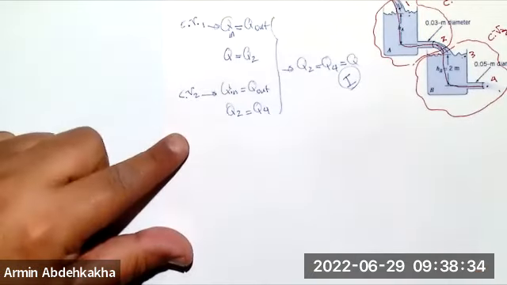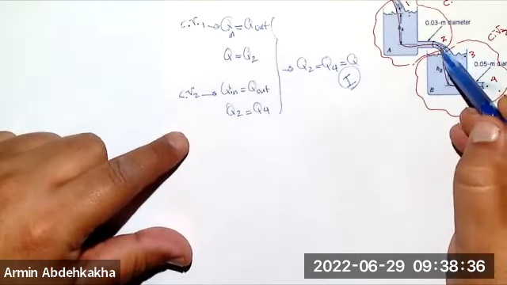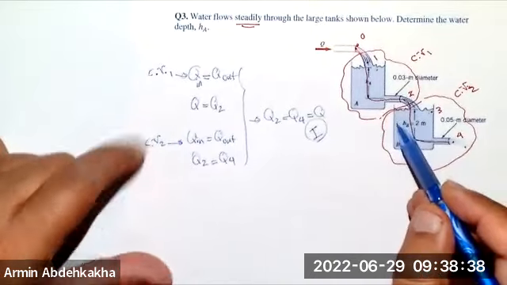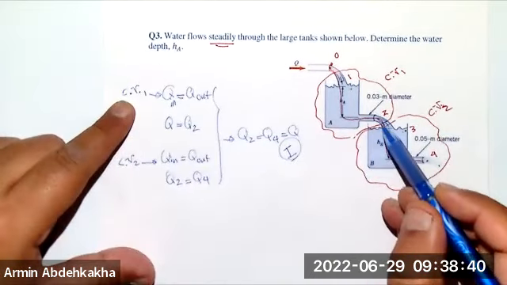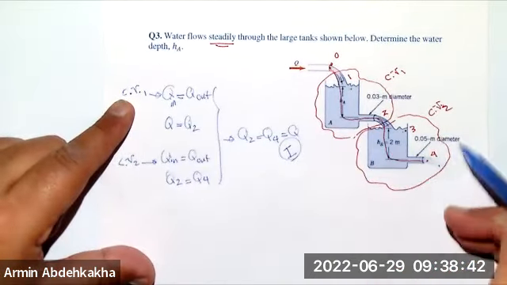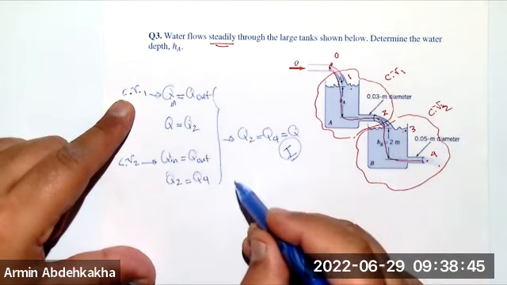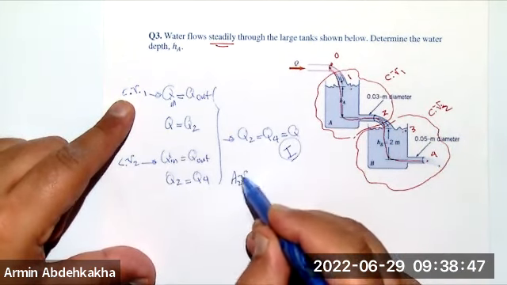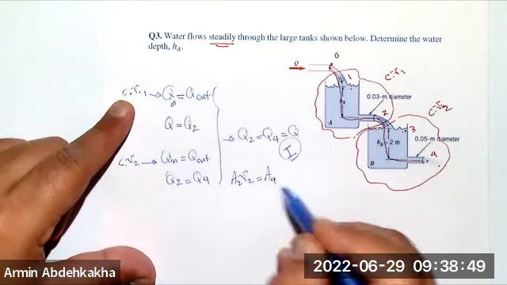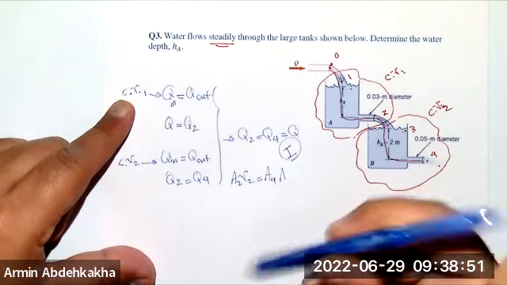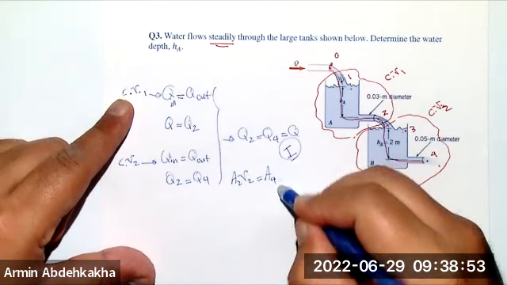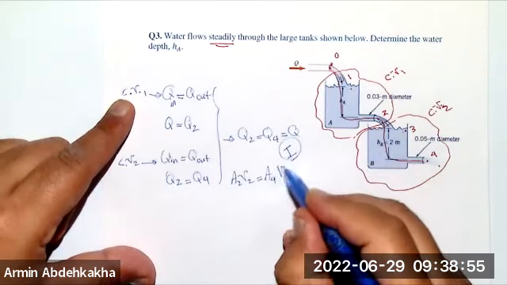Okay, what else? You have the areas here, right? You have area 1, area 2, and area 3 because you have the diameter. You can replace that: A2 times V2 is equal to A4 times V4. That's also an equation that you find here.